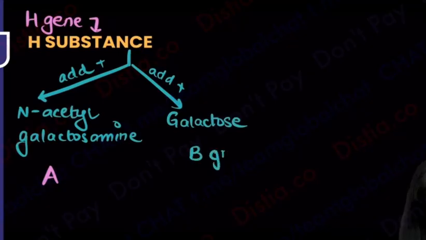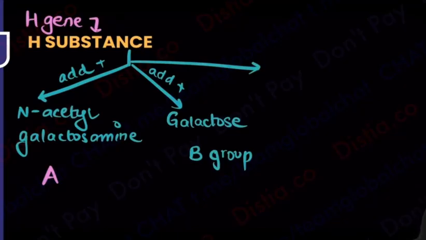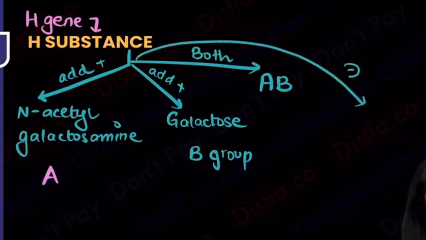If it adds the fucose to both N-acetyl galactosamine and galactose, then it is going to make it an AB blood group. And if it is not going to add any fucose to any of them, it will become an O blood group. So simple. It can either make an A blood group, or a B blood group, or an AB blood group, or it can convert into O blood group.